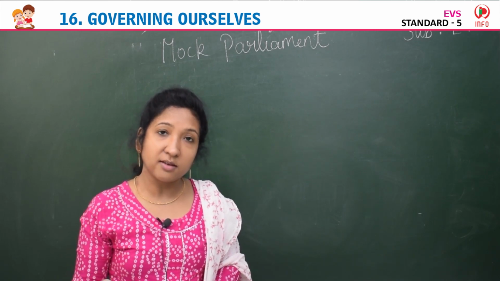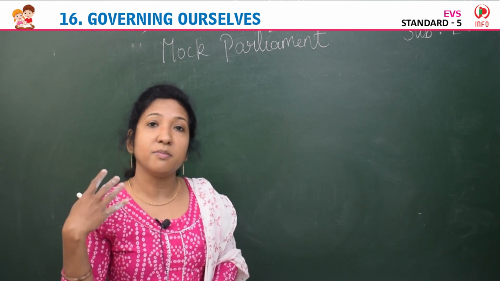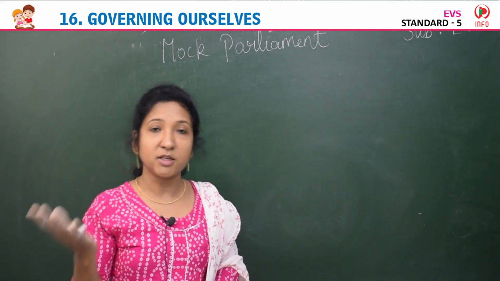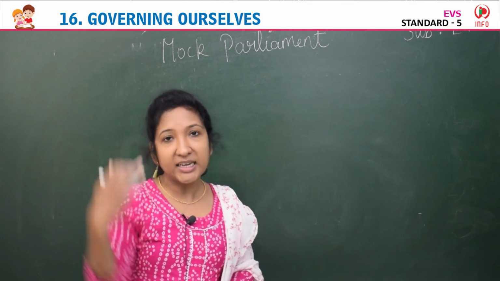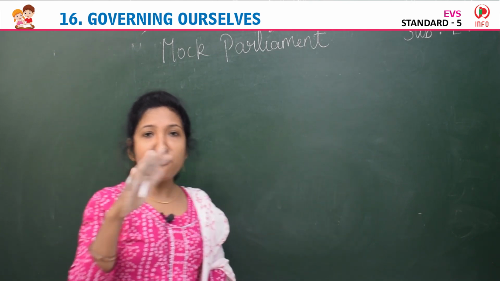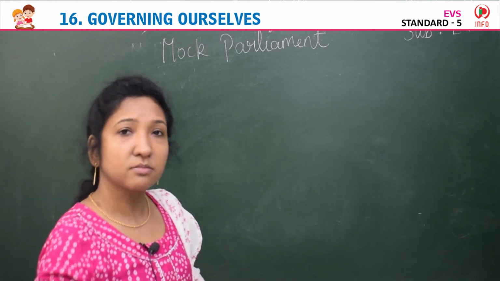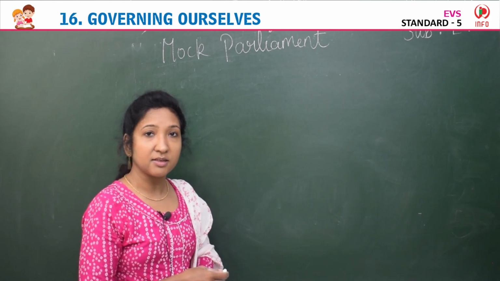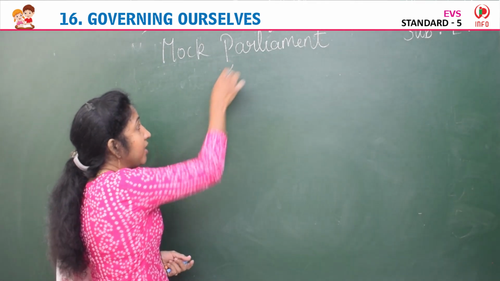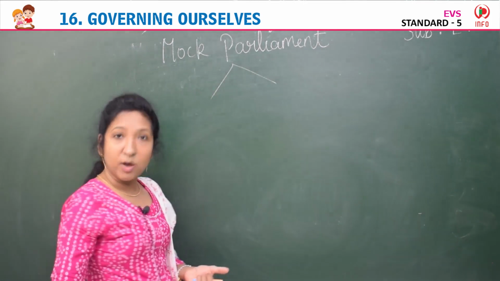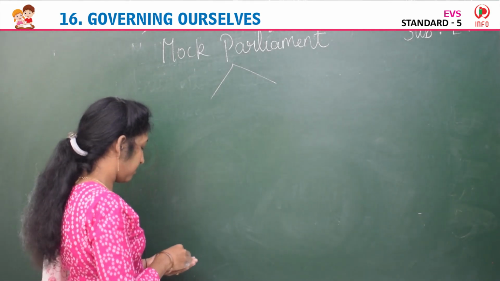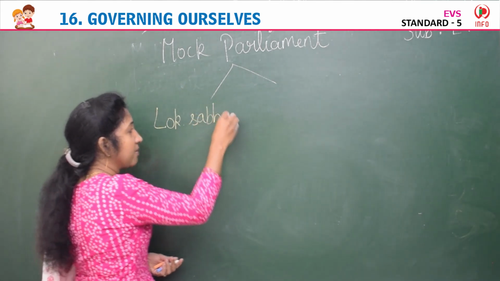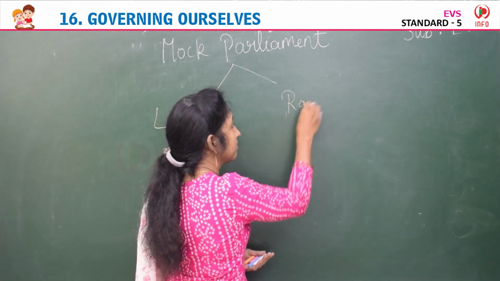How many houses are there, how many members are there, what are the conditions to be the members of those houses of the parliament, state government, forming government, etc. So, now you have an idea about that, right? So, model of parliament means how parliament is a law making body. Under parliament we have two houses that you have already learned, Lok Sabha, then Rajya Sabha, isn't it?